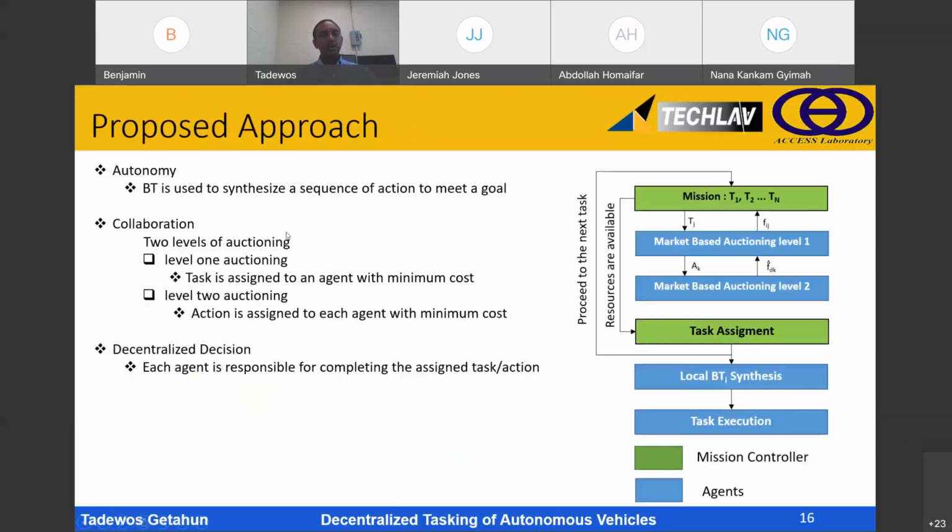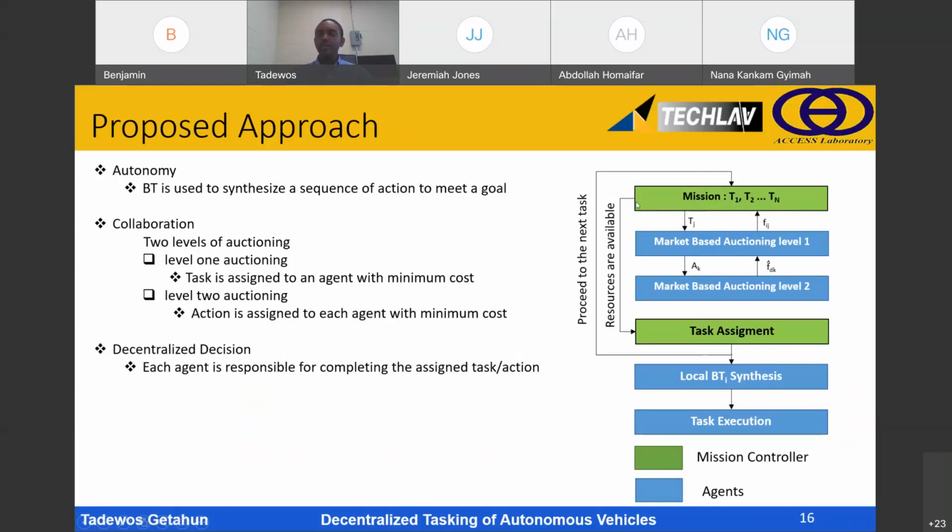So here I already explained the autonomy, collaboration, and decentralized decision making. On the flowchart, we have the green boxes, which are handled by the mission controller, and the light blue boxes, which are performed by agents. The mission controller issues tasks T1 up to n, and the agents will perform collaboration or auctioning. Then they send the cost of the task.